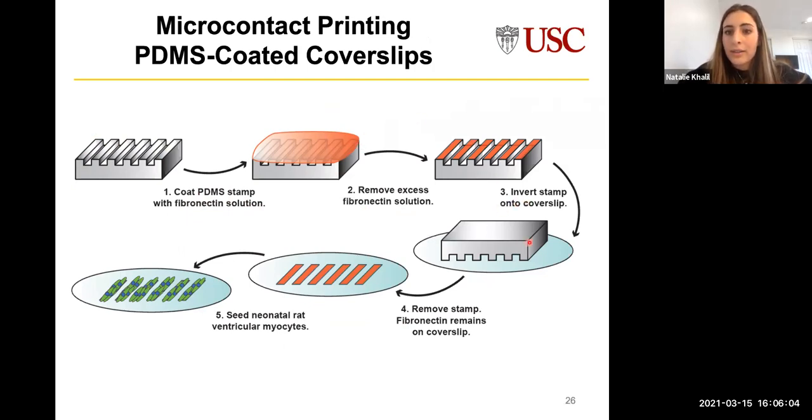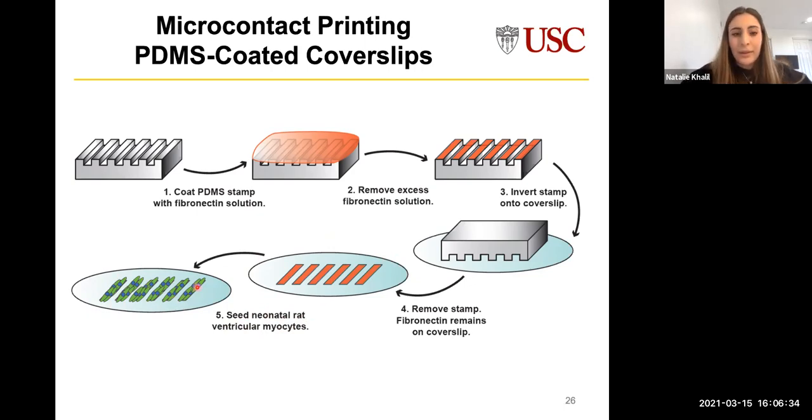And then we invert this stamp onto our cover slip, which has been activated through UV or oxygen plasma. And then when we remove the stamp, these proteins will transfer onto the surface of our PDMS coated cover slip. And then we can seed cells of interest. In this case, we're working with cardiomyocytes from rats. And those cells will then adhere to the patterned proteins.